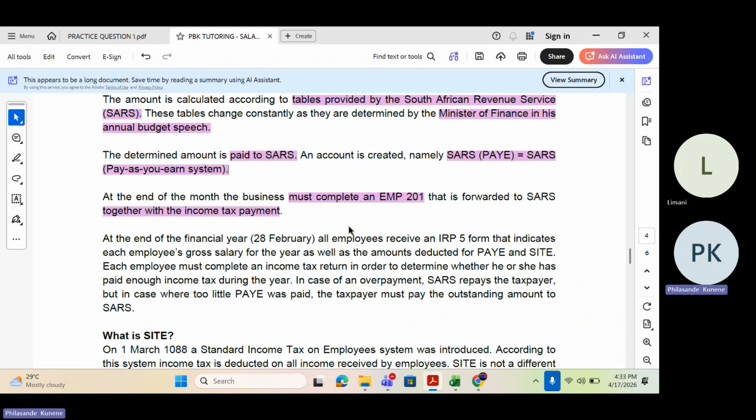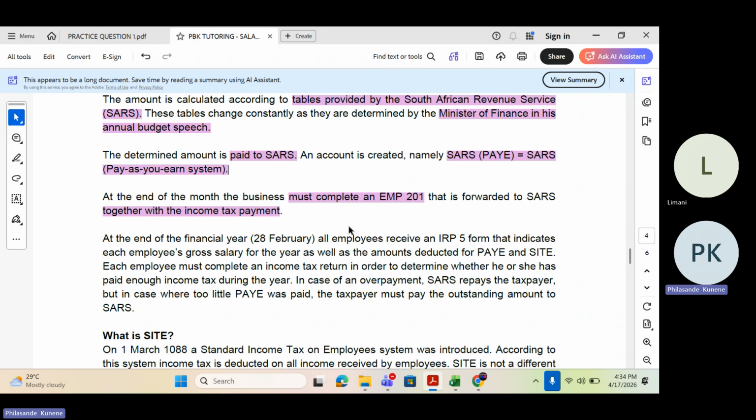Right? EMP 201 is a form where taxation for an employee is being calculated. If I pay 10,000 for one employee as a tax, which means that 10,000 is calculated on that EMP 201 form that is going to be forwarded to SARS.